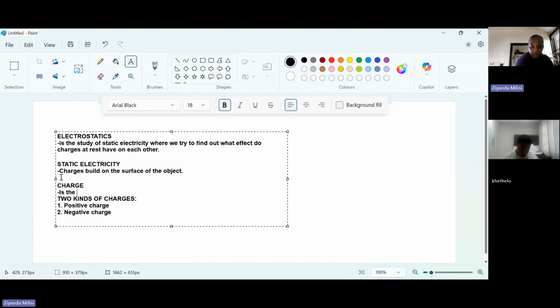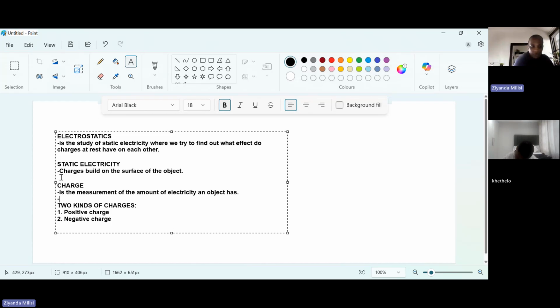A charge, you can define it as the measurement of the amount of electricity an object has.